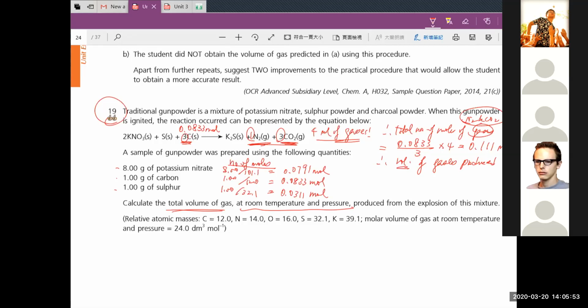So we have 0.111 mole times 24.0 dm cube per mole. So what will we get? 2.67 dm cube.